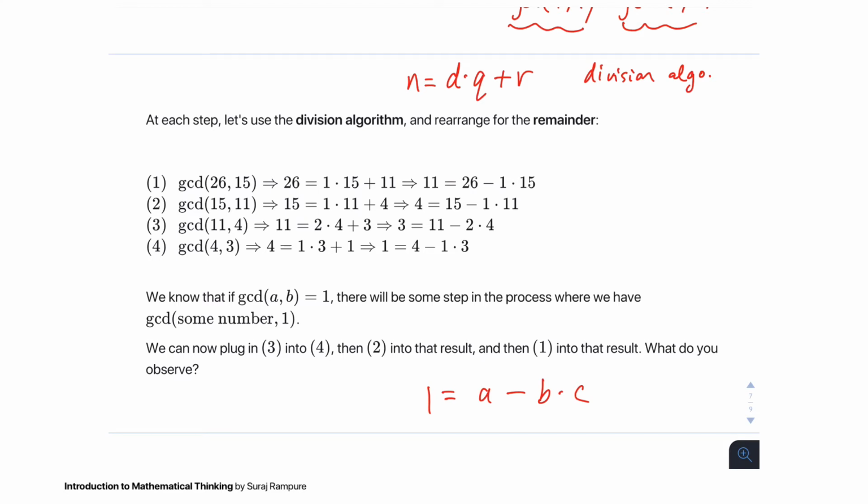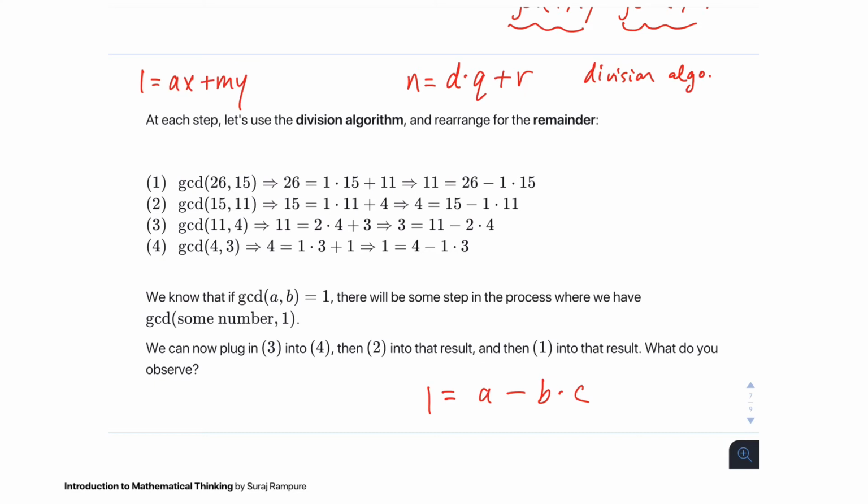So we know there will be one equation where the remainder is 1. How can this help us in finding the inverse? Does anyone have any ideas? Well, we know the end goal is to write 1 is equal to a times x plus m times y.